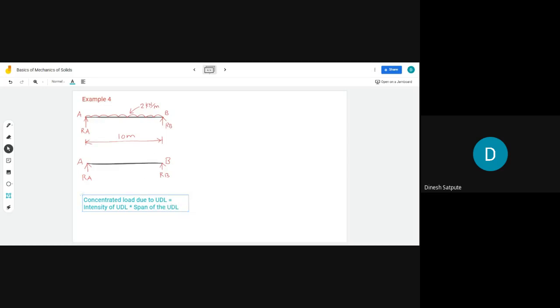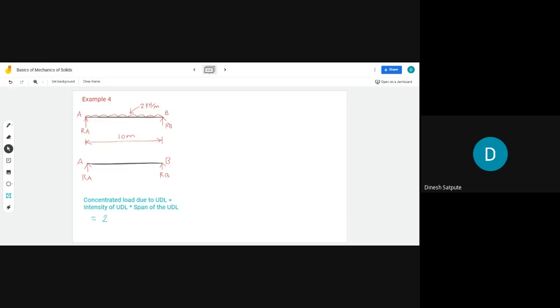So if you use this formula, the concentrated load due to UDL will be equal to the intensity of UDL, which we can read from the diagram as 2 kilonewton per meter.